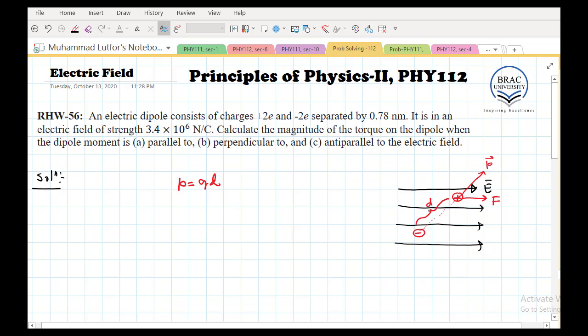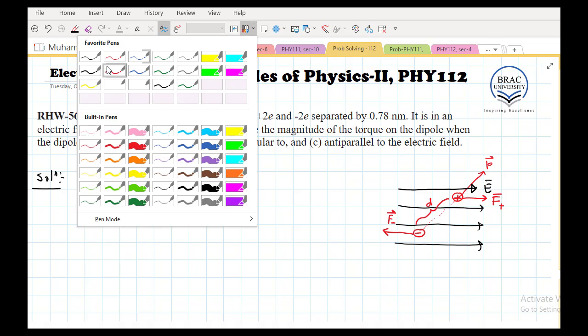On the other hand, the force on the negative charge will be in the opposite direction. So this is the force on the negative charge and this is the force on the positive charge. These two forces will create a torque.